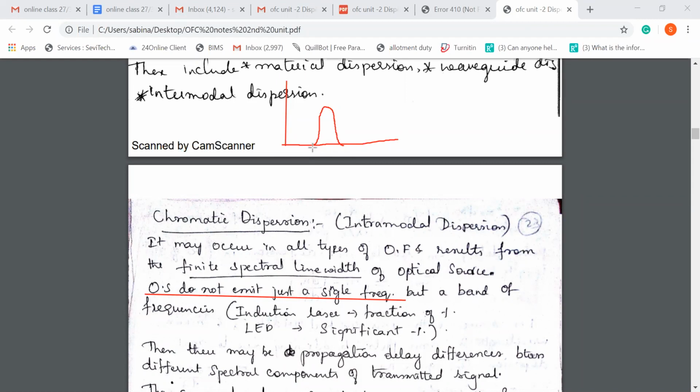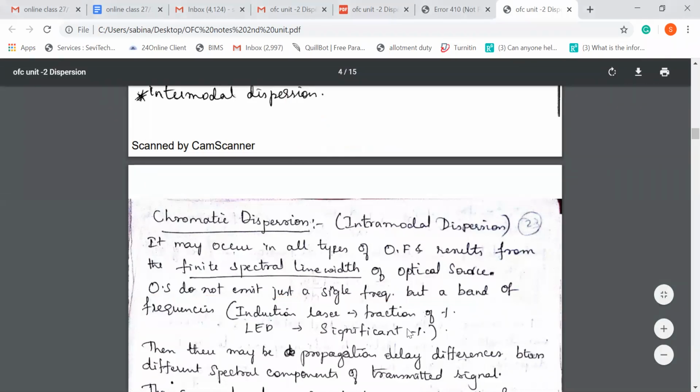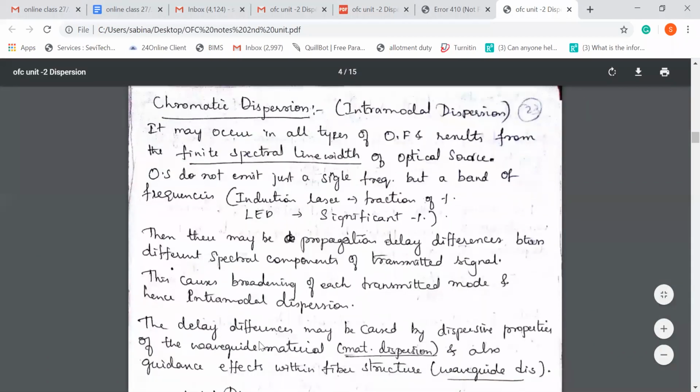Different frequencies will obviously reach at different times, so propagation delay comes into the picture. The propagation delay difference between the different spectral components of the transmitted signal causes broadening of each transmitted mode, and hence the intramodal dispersion.